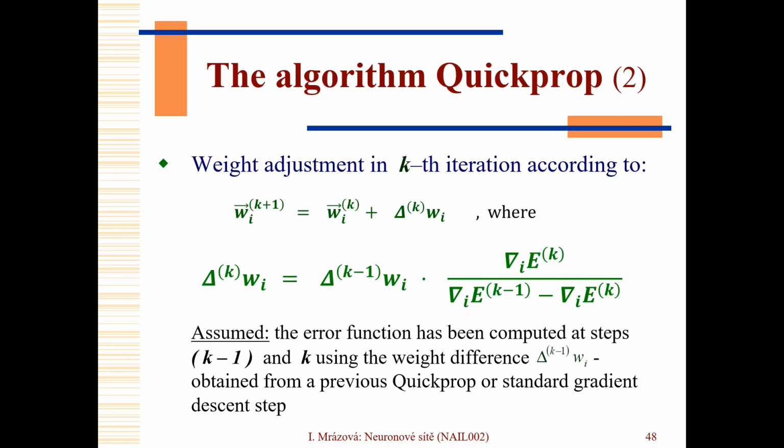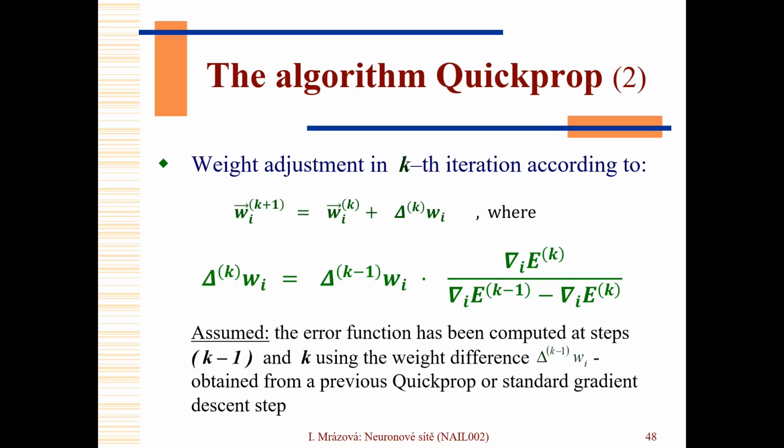So the delta term for the weight change W_i at iteration k corresponds to the gradient ∇_i E at iteration k, and this gradient is then divided by the negative approximation, the gradient ∇_i E at iteration k minus ∇_i E at iteration k minus 1, divided by Δ W_i at iteration k minus 1.